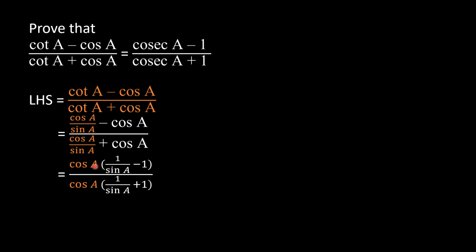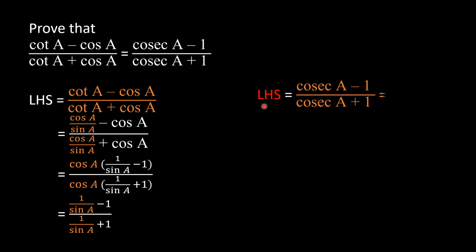Cos A gets cancelled and left hand side becomes cosec A minus 1 divided by cosec A plus 1. But this is the right hand side. So this statement is proved.